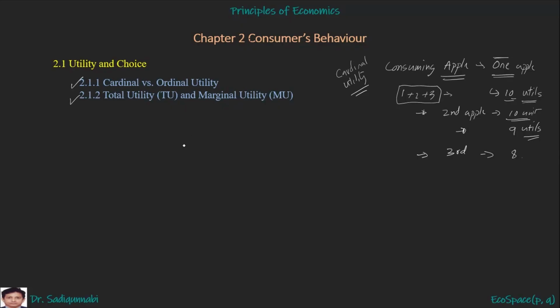So suppose we can make a table here. The table says that for one apple, the quantity is 1. Make a headline of this: apple consumption and utility measurement.